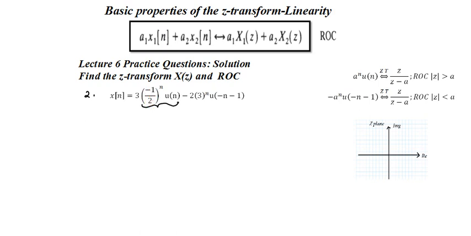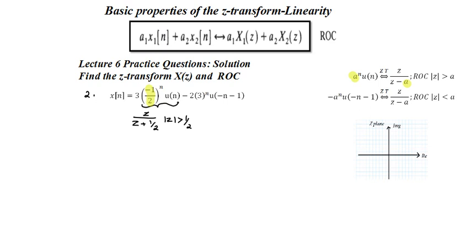So if a in this case is minus 1 by 2, I can highlight this. So you need to substitute Z by Z minus a. The transform of this portion is Z by Z plus 1 by 2, because a is minus 1 by 2, and the ROC you can write as modulus of Z greater than 1 by 2.